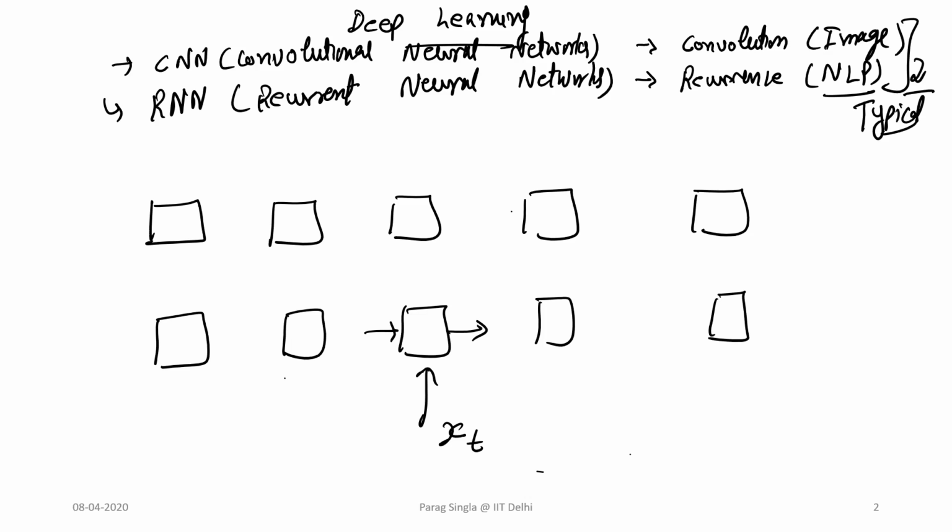h f t. And this is the backward direction computation, which gives h b t. Each of these units is given the corresponding input, the backward direction as well as the forward direction.